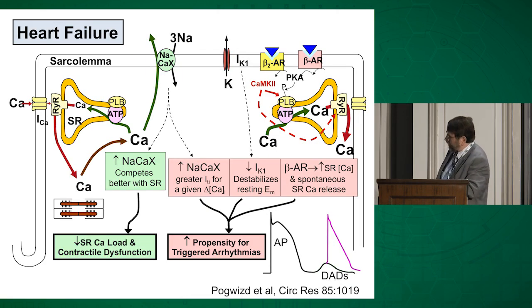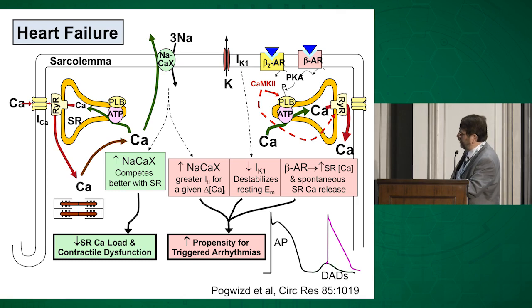And again, the slide summarizes several years of work. This is a schematic that reflects collaborative work between Don Burz's lab and mine, showing that in the setting of non-ischemic heart failure, and now going from whole heart mapping to cellular studies and looking at intracellular calcium and measurement of ion channels, the bottom line is that we've tried to propose some of the key biochemical alterations for why heart failure is arrhythmogenic.